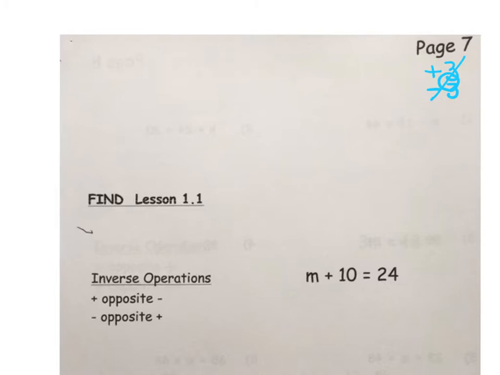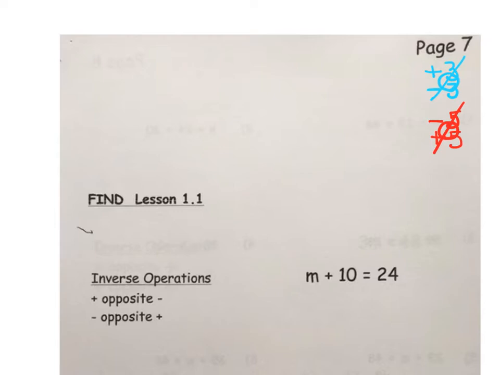If you're given a loss of 5, but then you're asked to combine that with a gain of 5, these are opposites. They will eliminate each other and zero each other out.